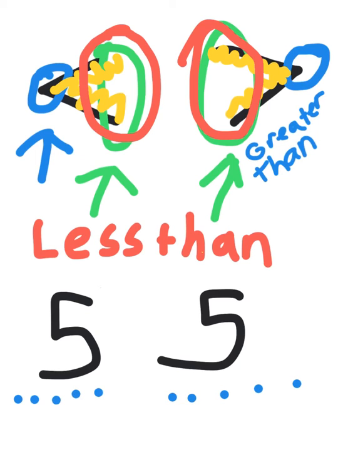We can see that right here, this is the same amount. So one number is not greater than the other number, and one number is not less than the other number. In this particular case, we would just put an equal sign because they're equal. 5 equals 5.